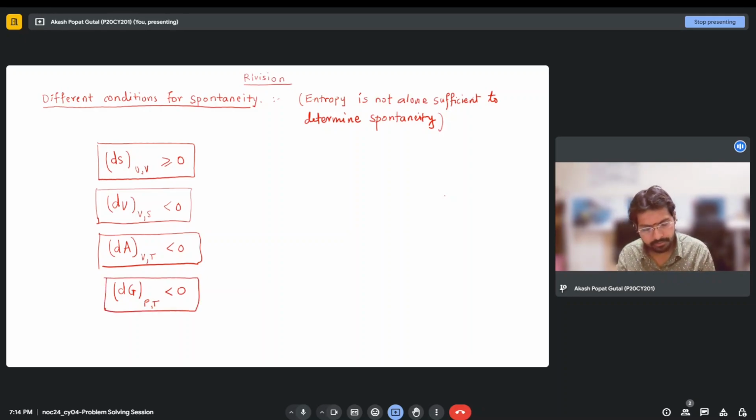So these are the four conditions for determining whether the process is spontaneous.